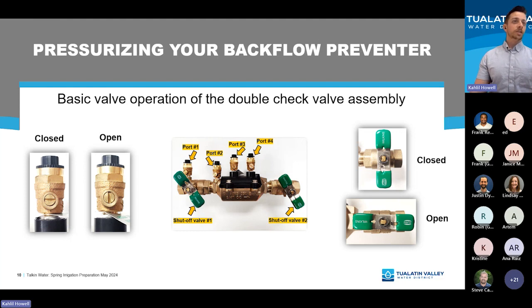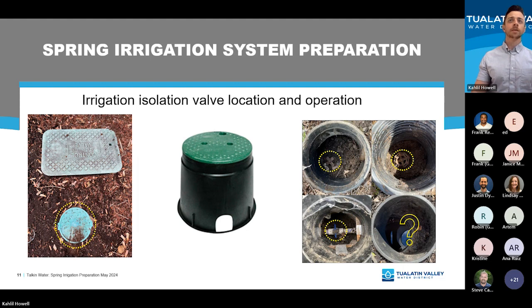If your system has not yet been started up for the season and it's still winterized from last year, these 4 ports and shutoff valves can be in various different positions. So in the next slides, we're going to go over how to close these valves properly and then open them up to pressurize the sprinkler system.